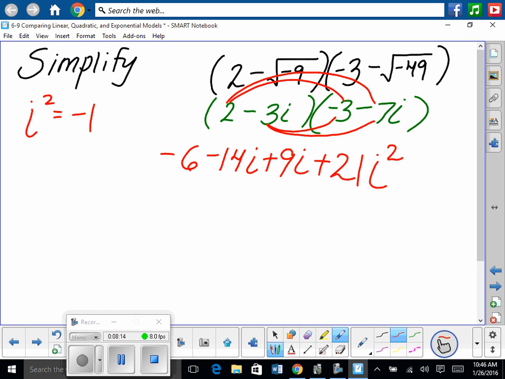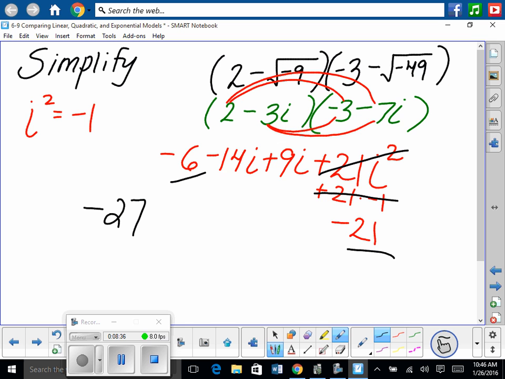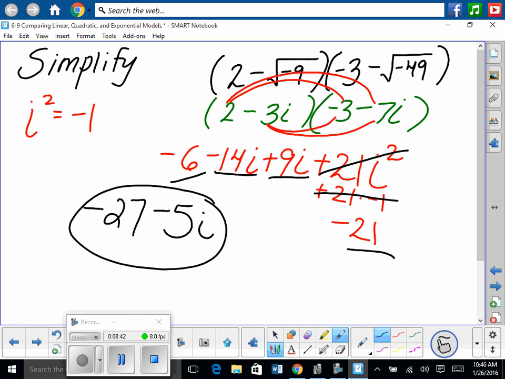So we really have positive 21 times negative 1, which is negative 21. So I just simplified that. Now combining like terms: negative 6 plus negative 21 is negative 27. Negative 14i plus 9i is negative 5i. Very good. Questions on that from yesterday?